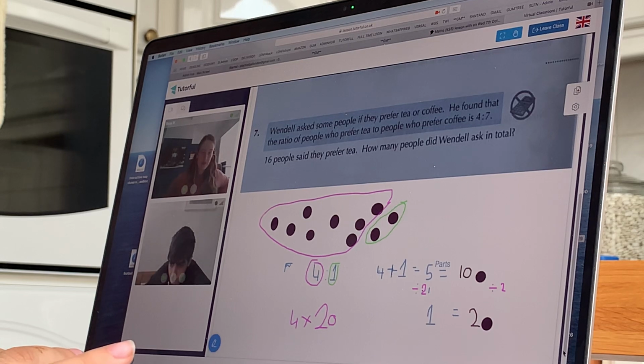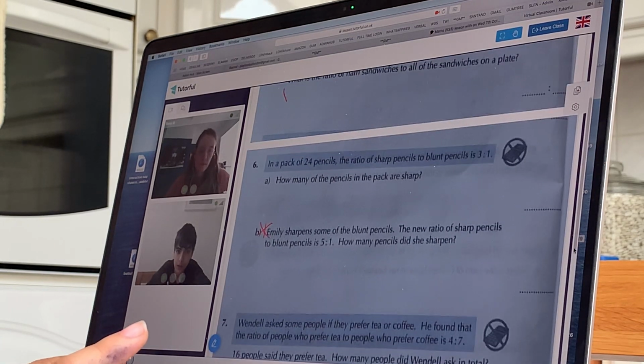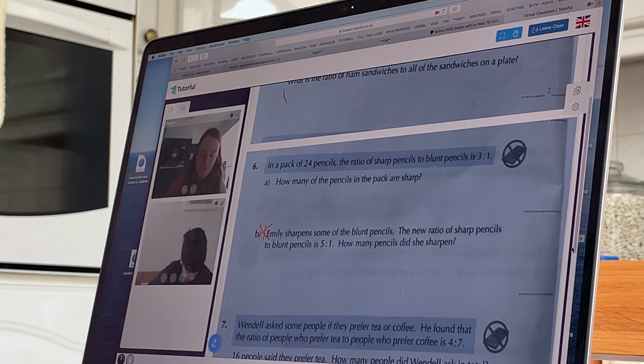Okay, let me do it. We know three are sharp and one is blunt, in the ratio. So there's 24. Will 3 be 20?